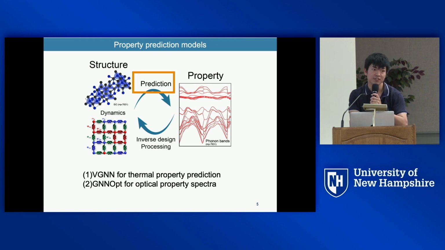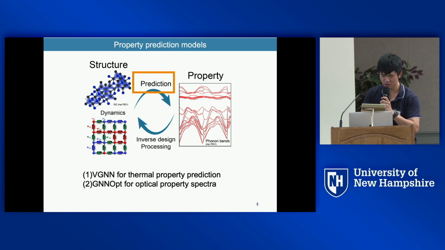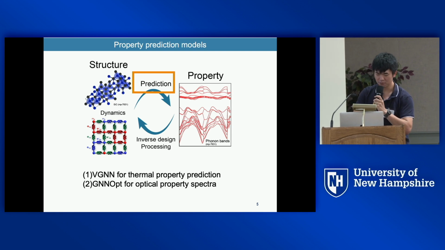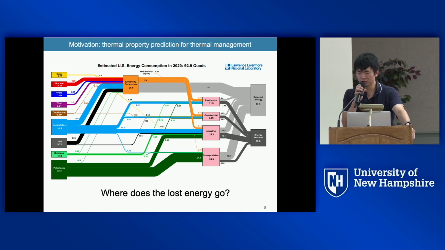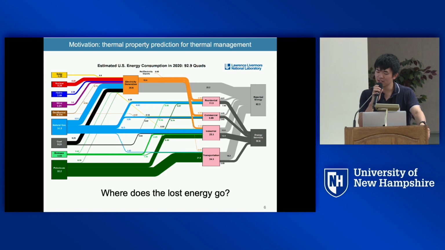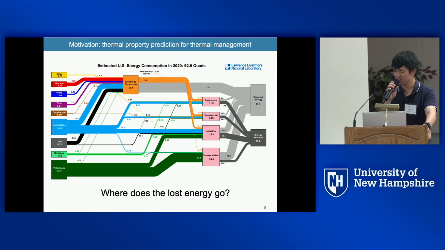First, property prediction. I want to talk about two projects: thermal property prediction and optical property prediction. First, thermal property prediction. The motivation is to achieve more efficient management of thermal energy.